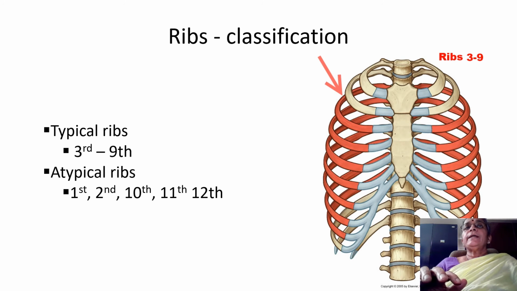Now you can identify typical ribs. The 3rd, 4th, 5th, 6th, 7th, 8th and 9th are typical ribs. Then what are atypical ribs? The 1st, 2nd, 10th, 11th and 12th are atypical ribs.